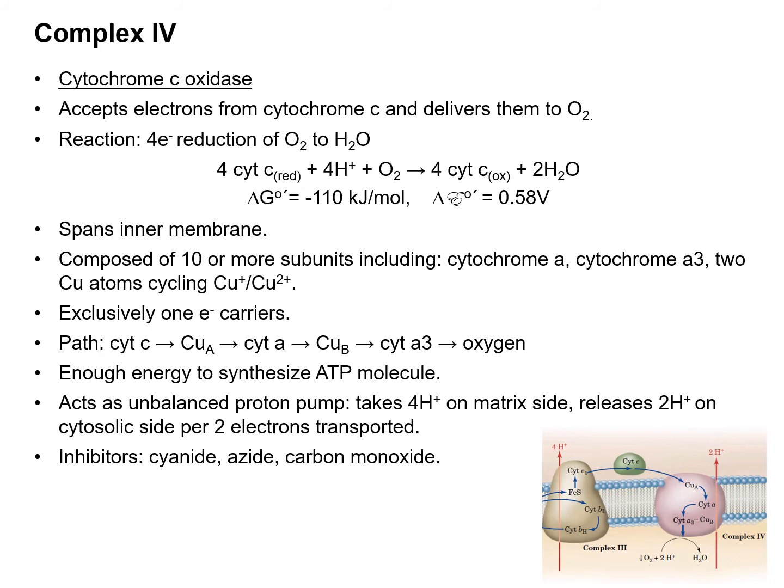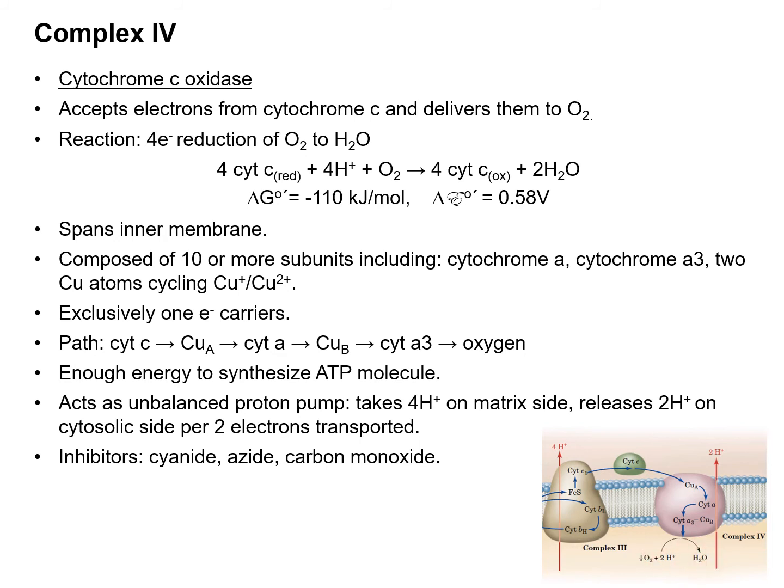It's exclusively a one electron carrier, and the path of electron transfer starts from cytochrome C. The electron moves to the copper, which is here, copper A, and then cytochrome A, and then moves to copper B and cytochrome A3, and finally goes to the oxygen molecule, half of the oxygen molecule here, to make it into the water molecule.